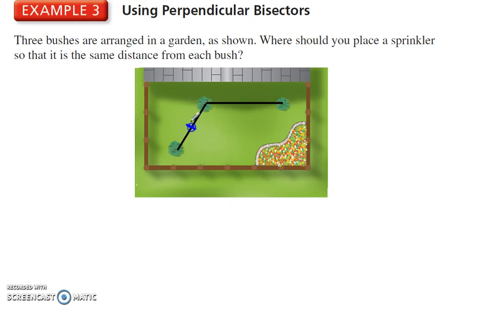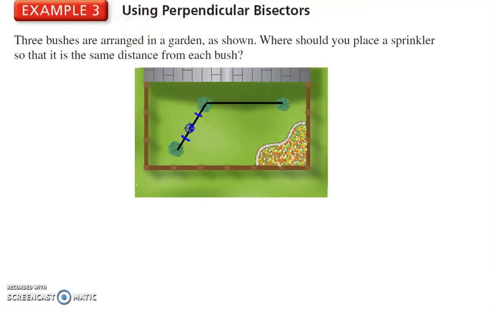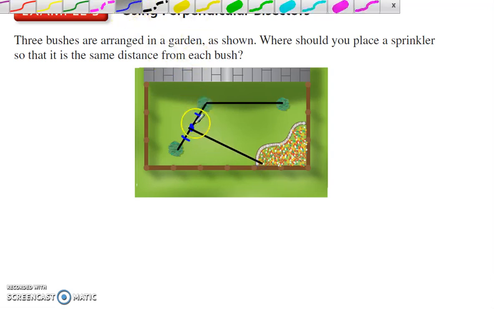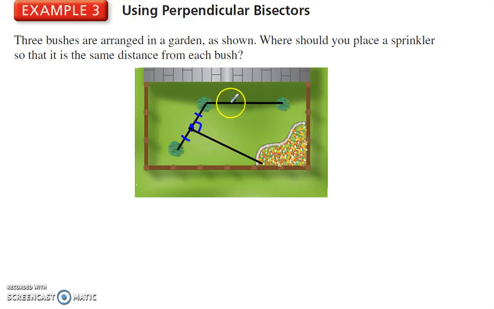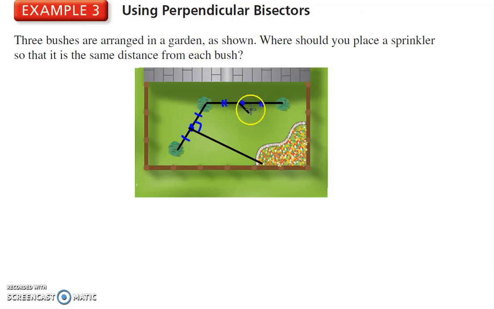Find the center. Let's put a dot there, where this is congruent to this, and then construct a perpendicular line to those. So we have a perpendicular line here. Same thing here, split this in half, where this side is congruent to this, and construct a perpendicular bisector.